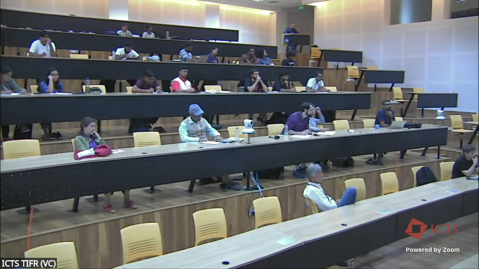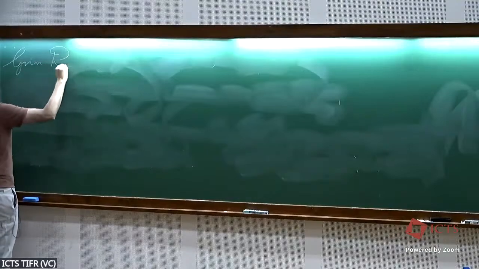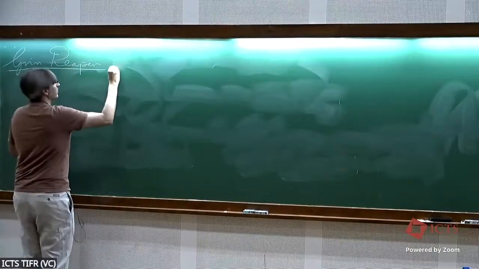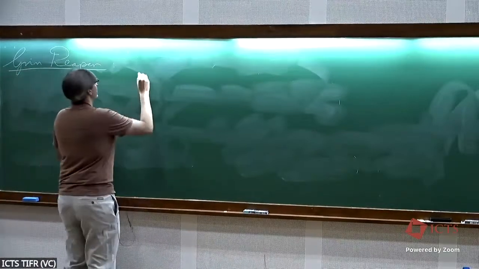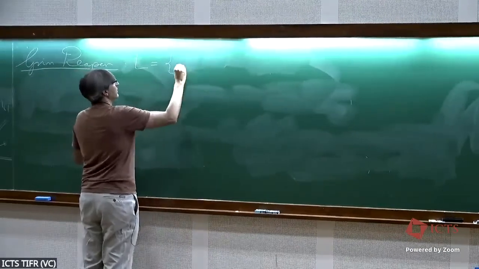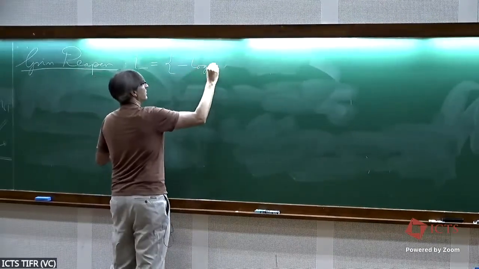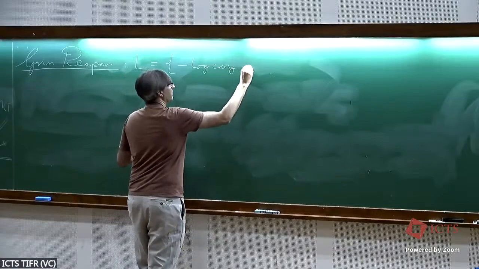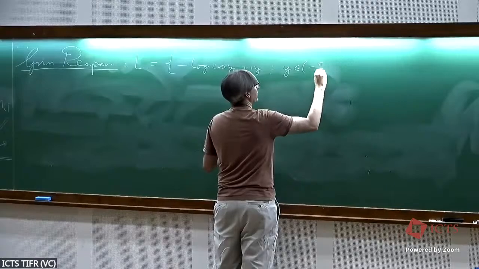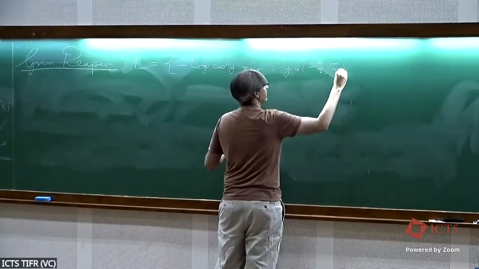So this has an overly dramatic name. This is called the Grim Reaper curve. There are lots of ways to write this down, but I'm going to write it like this. I'm going to let L be minus log cos y plus iy, such that y is in minus pi by 2, pi by 2.